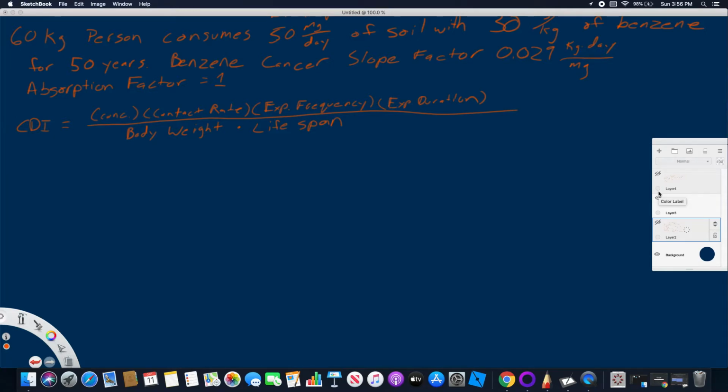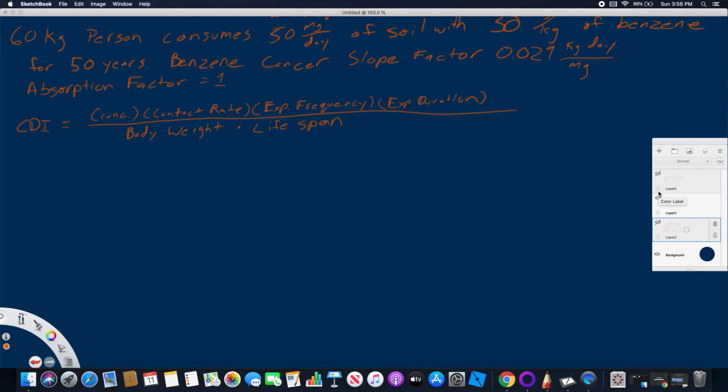Remember, there's a difference between cancer risk and non-cancer risk, basically non-carcinogens, because cancer risk is always averaged over a lifetime, whereas non-cancer risk is just based on exposure duration. So that's one thing to keep in mind.